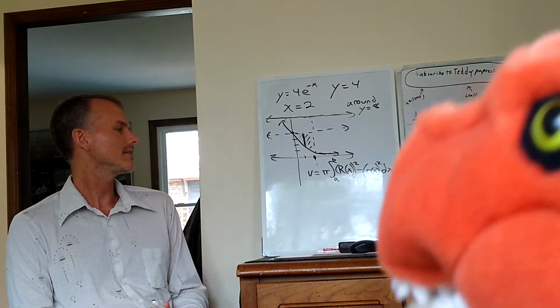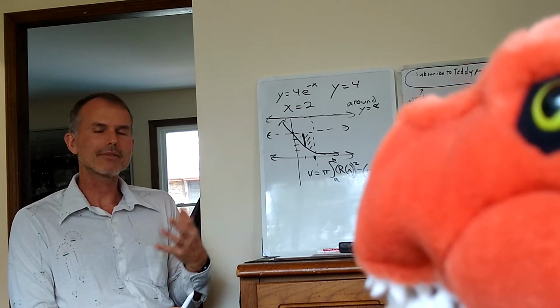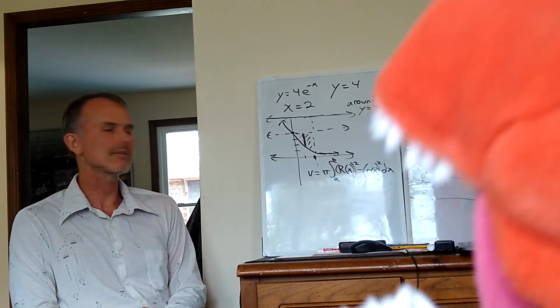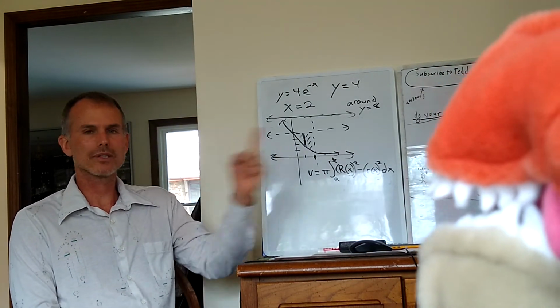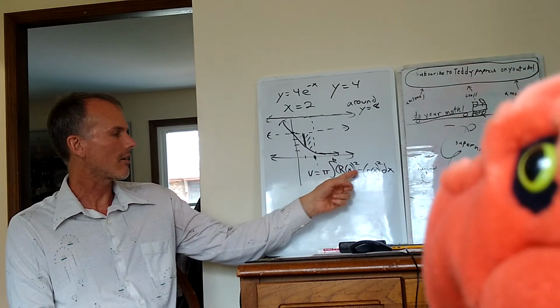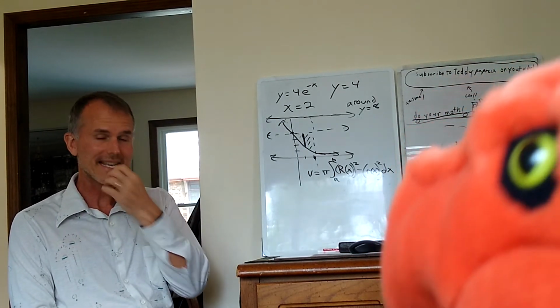That washer formula works for solids of revolution created by revolving a region around a horizontal axis. And remember, if you're going to revolve something around a vertical axis, these become R of y's, and that becomes a dy.